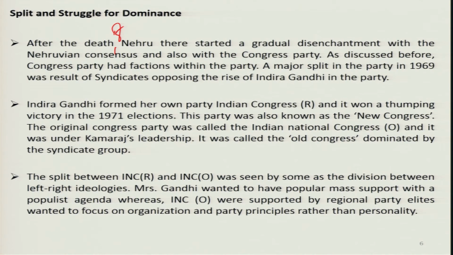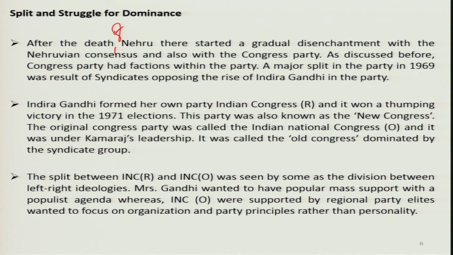So, even among the elites, many socialist parties or peasant groups developed a kind of disenchantment with this Nehruvian consensus that we have talked about. If you look at the Janata Party formation, they were ideologically divided in terms of their approach to the policies and vision of India. However, they were united in one sense.